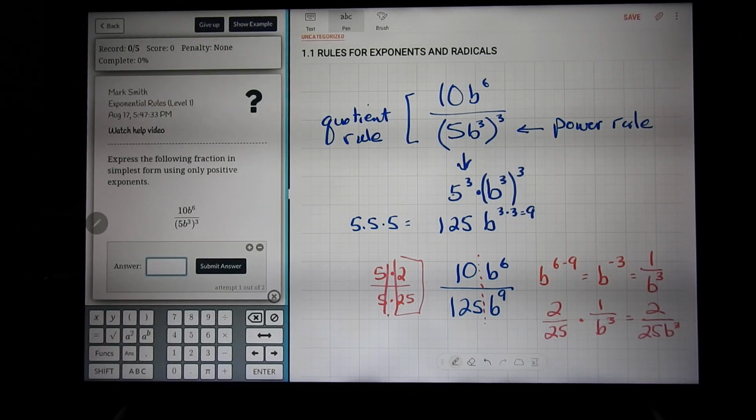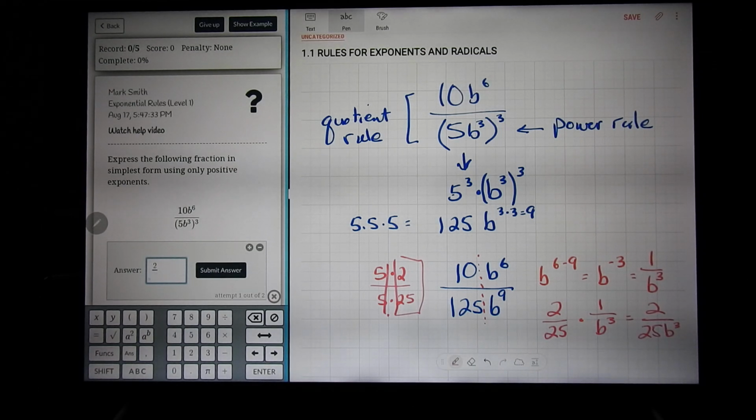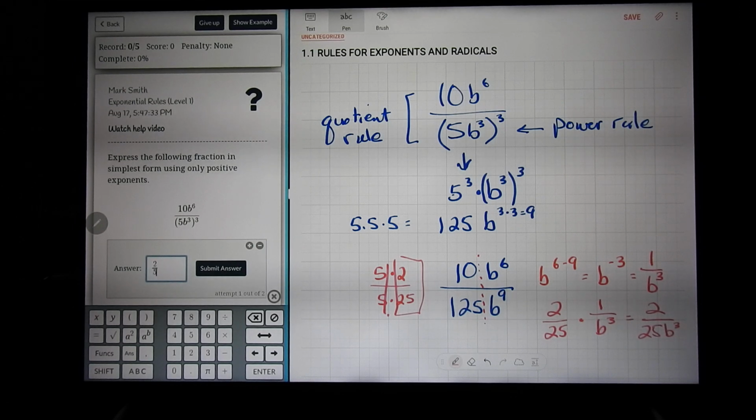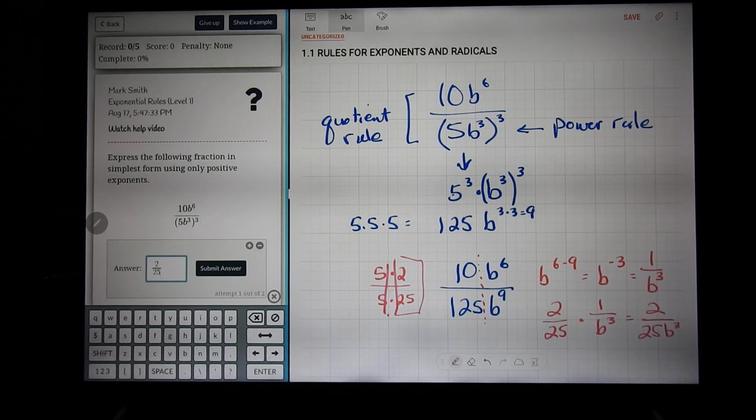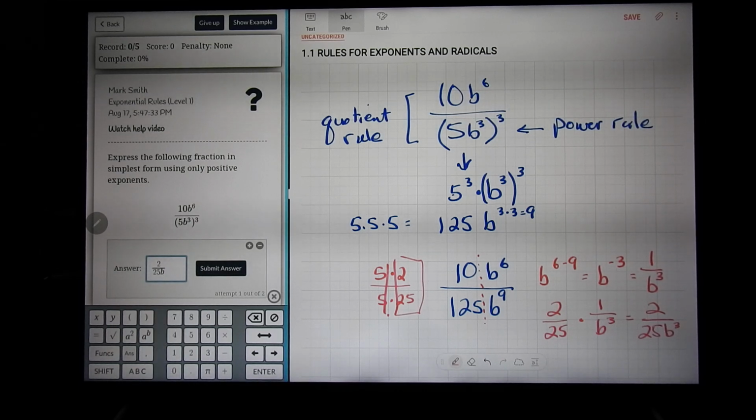All right, but here we go. So we're going to say 2. And then if we say divide, it gives us a fraction right away. We're going to say 25. We have to go find a b. We go back, and we want a power, and it's 3.